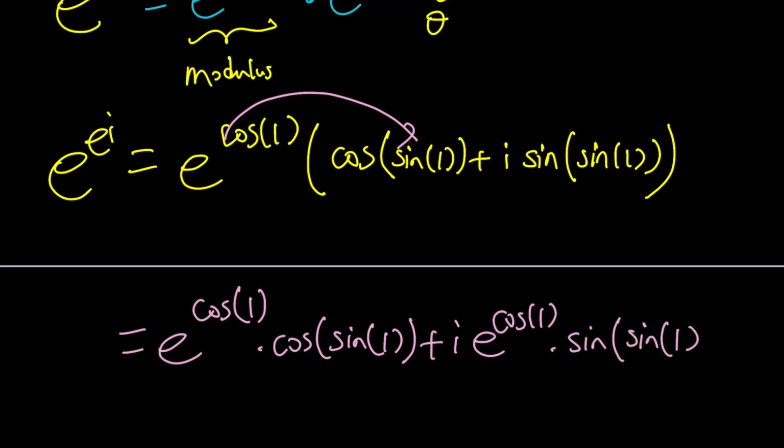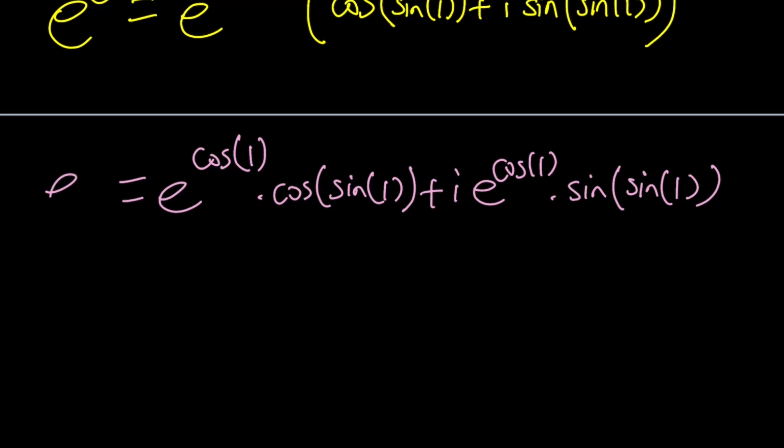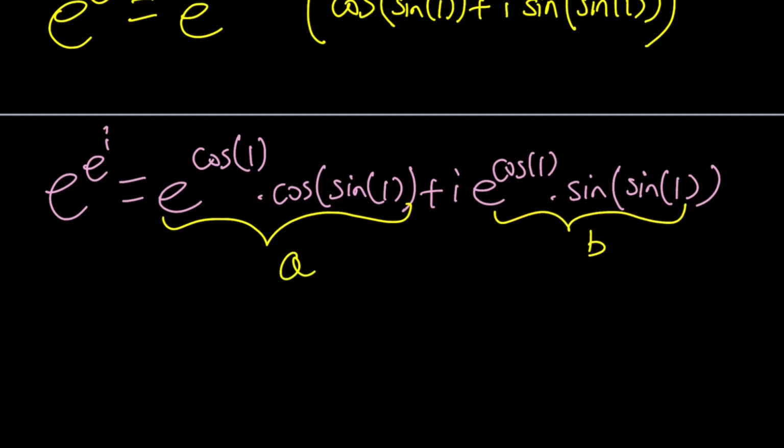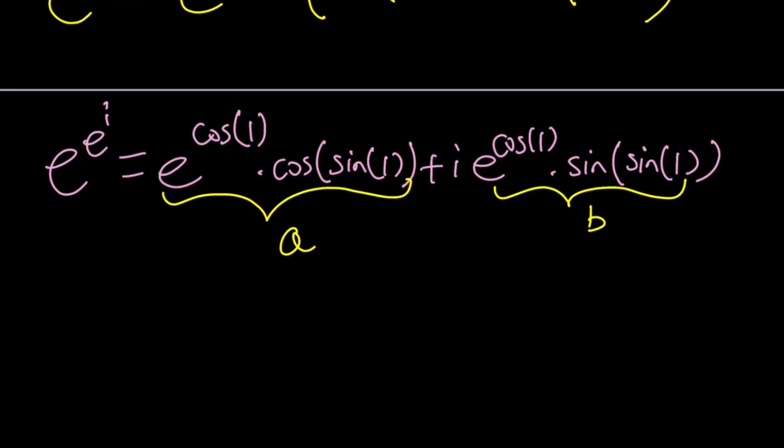A lot of ones, right? But they're all in radians. And this is e to the power i^i. So we'll be able to write this as a plus bi. Yes, this is the a, and this is the b. a plus ib, a plus bi, same thing.